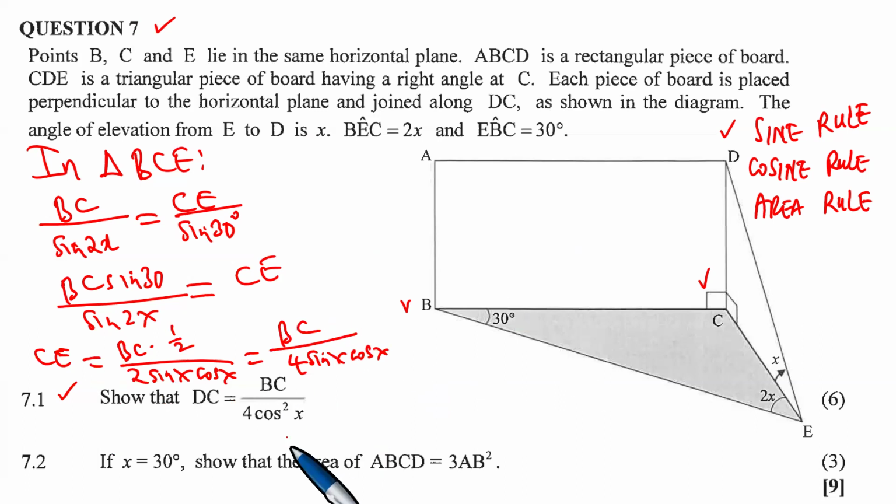What we want in this question is DC. So we want DC, so we can then say, Mr. Examiner, we're going to work in triangle DCE.